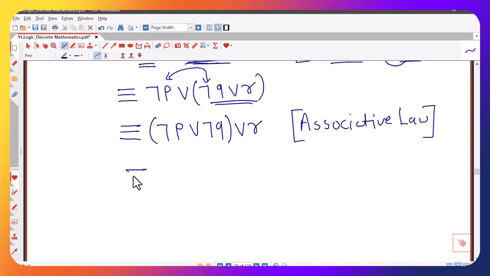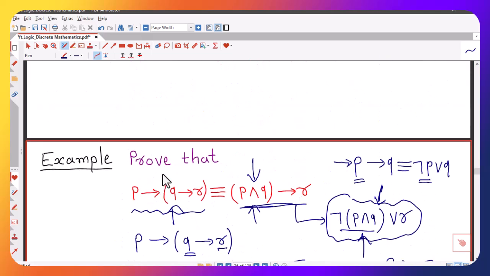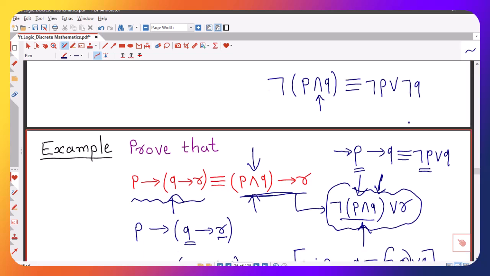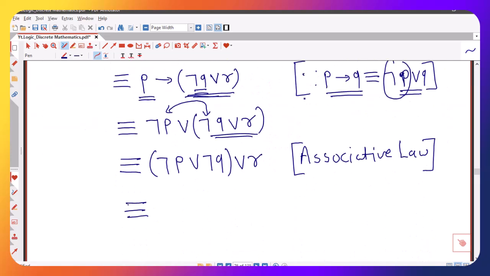And here you can see what I require. I require negation of (P and Q). So if you remember De Morgan's law, this is equivalent to negation P or negation Q, and is replaced by or. Therefore I can replace negation P or negation Q by negation of (P and Q) using De Morgan's law.